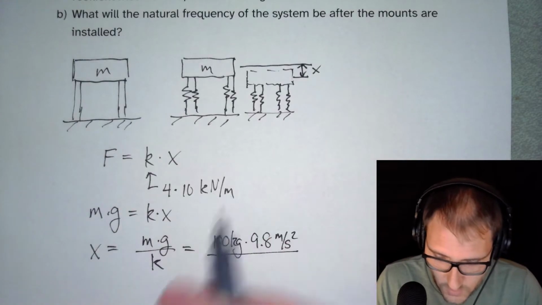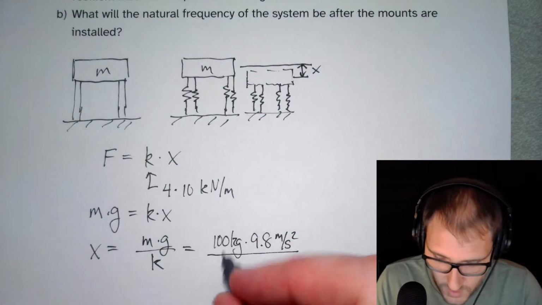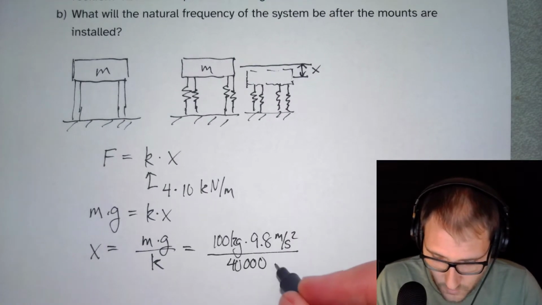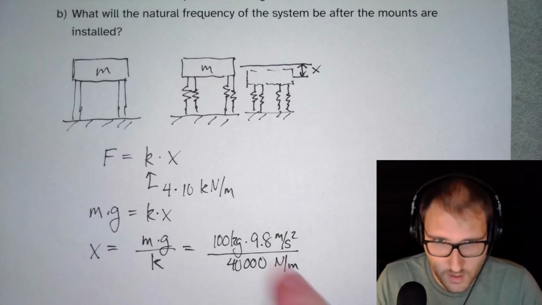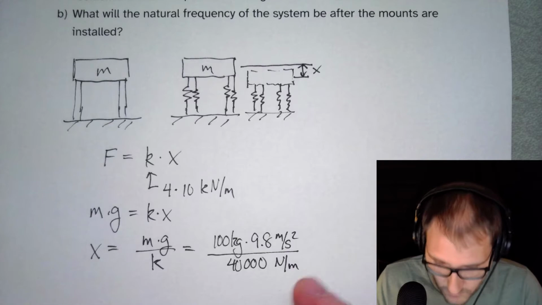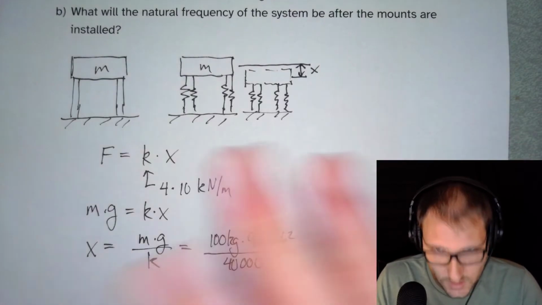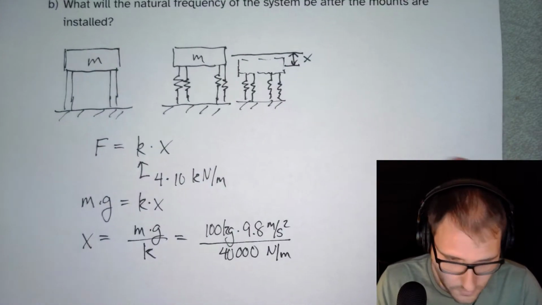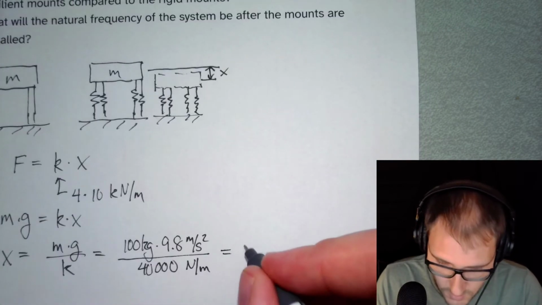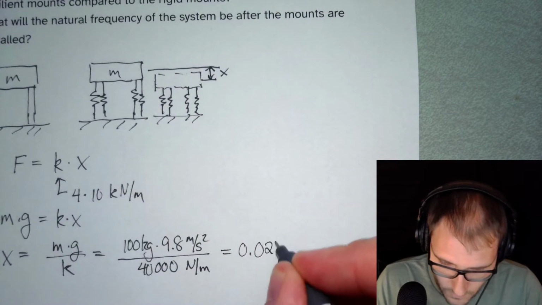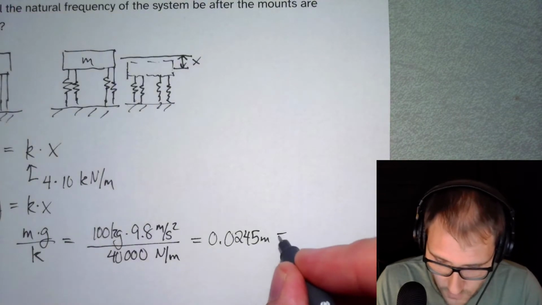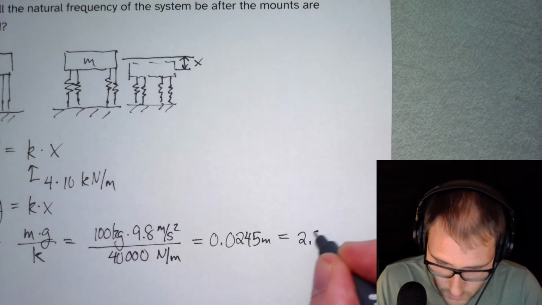We need to make sure we write that, instead of 40, as 40,000, because we want this in newtons per meter, just to make all the units play nice. So just get rid of all the prefixes except for kilogram. That stays as kilogram. And then you can grab a calculator however you want, but this is 0.0245 meters. And, if you were doing this for a report or something, you probably would write that as 2.5 centimeters.